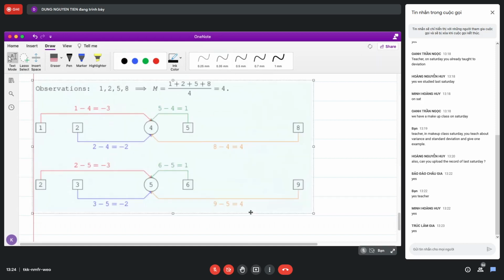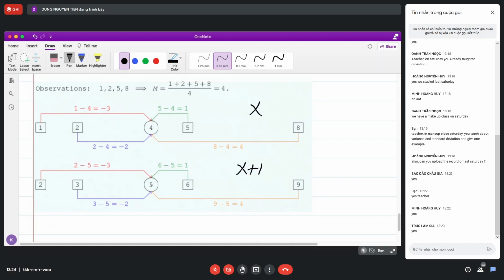Okay, let's have a look at this. Suppose that there are 4 observations, 1, 2, 5, 8, and then you get 4 values with the mean value 4. Okay, and then I consider x plus 1. This is x, and this is x plus 1. Then x plus 1 gives you 2, 3, 6, and 9, right? And then you compute the mean value.